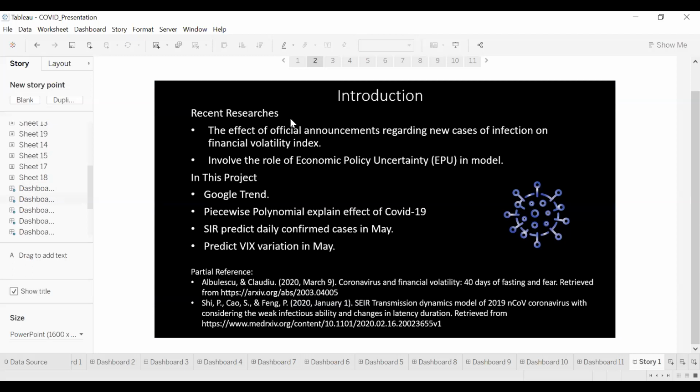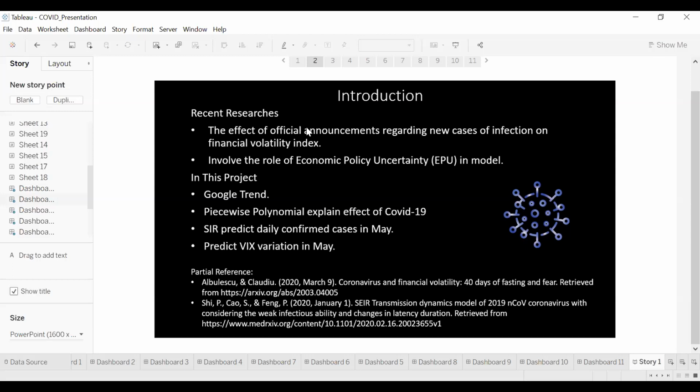So recently, some scholars already used a simple linear regression model to explore the relationship between increased cases of COVID-19 and the financial volatility by involving the role of economic policy uncertainty.